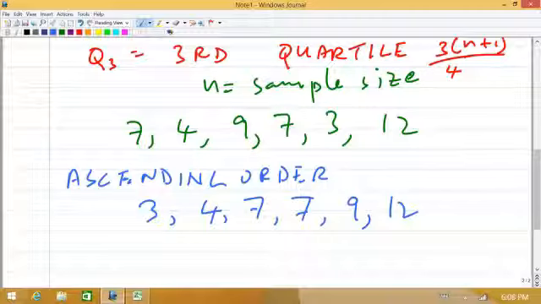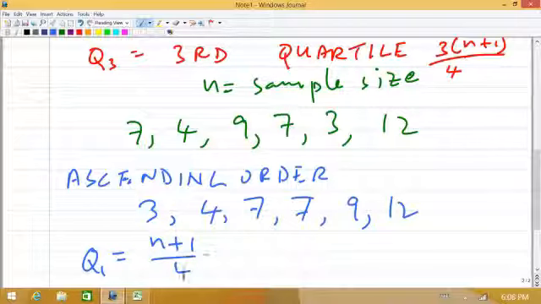So first look at Q1. Maybe for this one we can use (n plus 1) divided by 4. In this case, n is equal to 6.